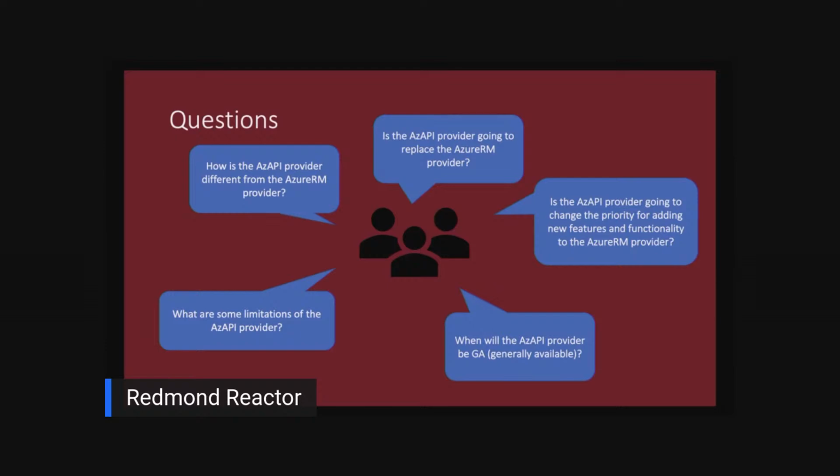The way that I talk about the AzureRM provider and the AzAPI provider is, if you're familiar with PowerShell, PowerShell has a concept of a convenience layer and essentially a direct reflection of the API. The AzAPI provider is a direct reflection of the Azure API, and the AzureRM provider is a convenience layer.